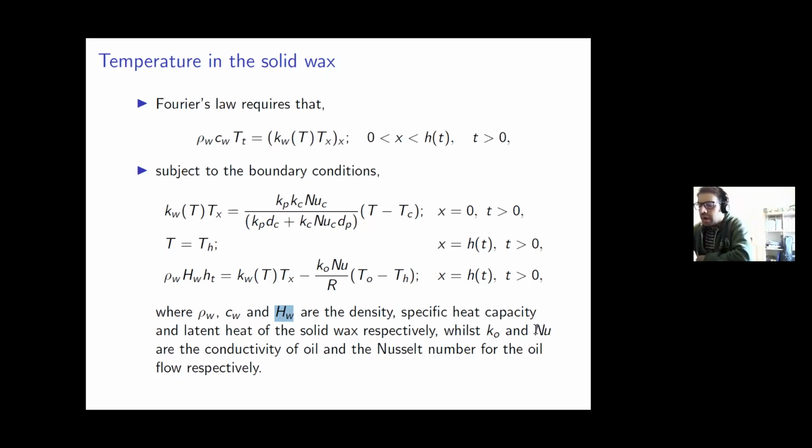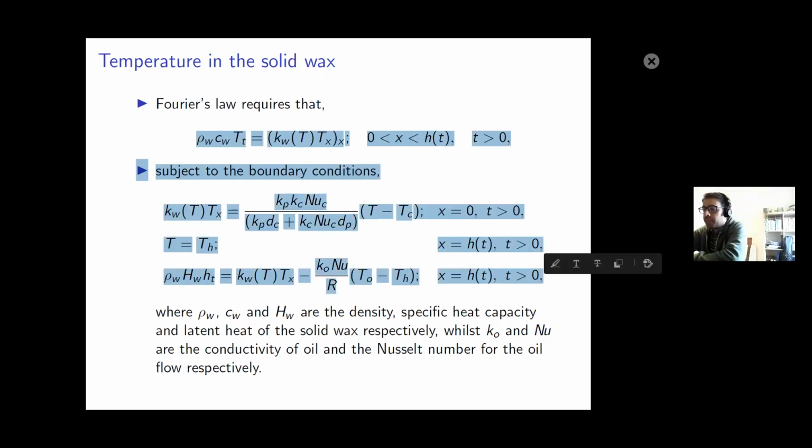And NU here is just the Nusselt number for the oil. So we have Nusselt numbers for the oil wax mixture in NU, and we have Nusselt numbers for the coolant jacket or the coolant fluid outside. And so this will give us what we need for our boundary value problem.